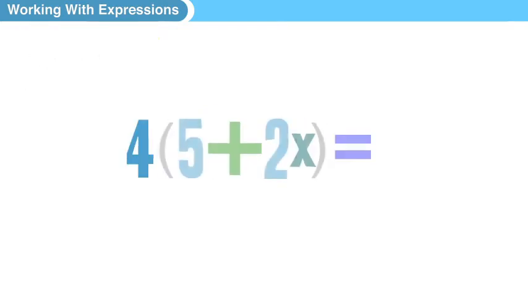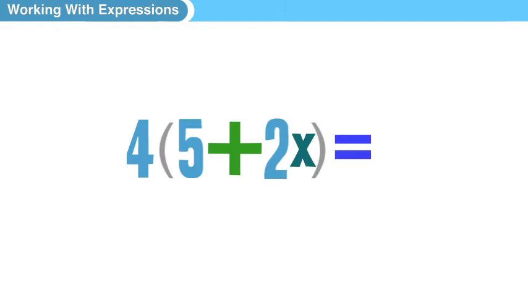Okay, first example, we've got this expression here, 4 outside of the parentheses, 5 plus 2x. There's nothing wrong with that expression, but we want to apply what's called the distributive property. That means that when we have a number or a term outside of parentheses, we're going to multiply or distribute that term to all of the terms inside the parentheses.